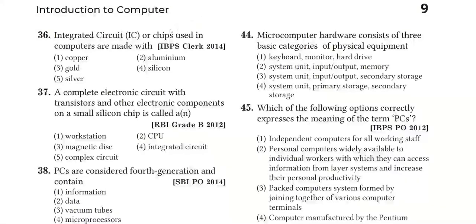Integrated circuits or chips used in computers are made with silicon. A complete electronic circuit with transistors and other electronic components on a small silicon chip is called an integrated circuit.